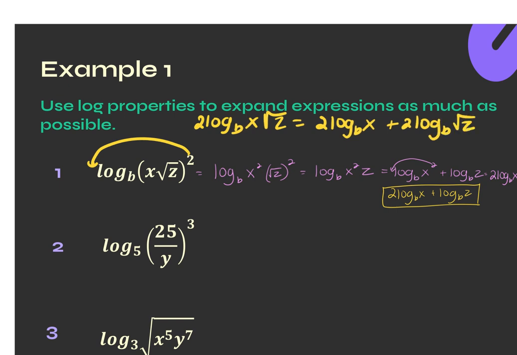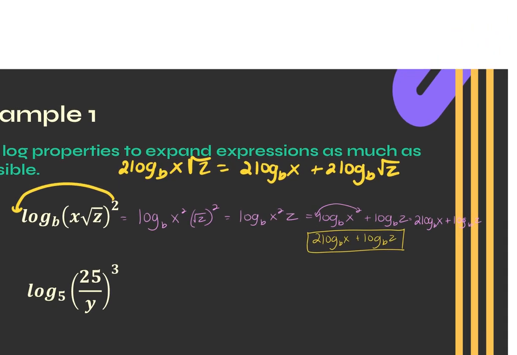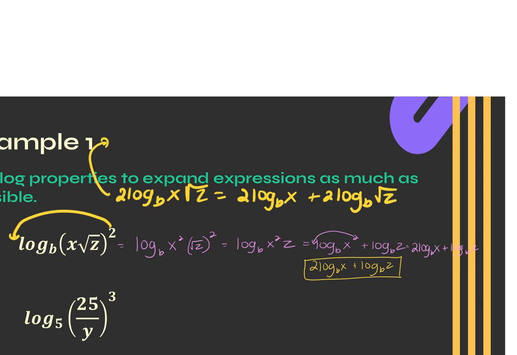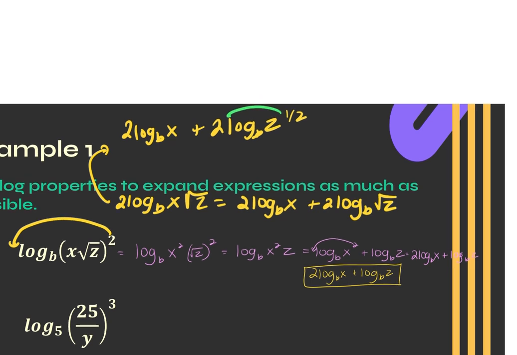But you cannot leave a radical when we expand. So what's the power that's the same as the square root? 1/2. So this becomes 2 log base b of x plus 2 log base b of z to the 1/2. And then we kick the exponent forward again, and I get 2 log base b of x plus 2 times 1/2, which is just 1, log base b of z.